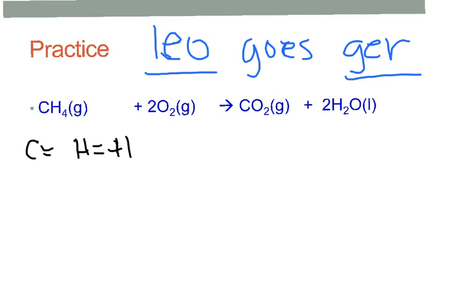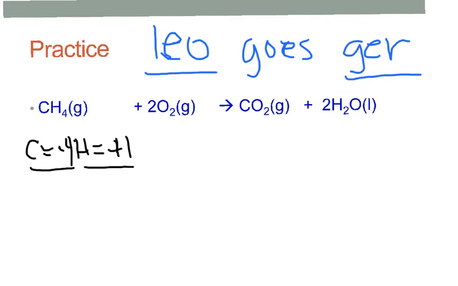If hydrogen has a +1 oxidation number, and there are 4 hydrogens, that means that carbon has to have a -4 oxidation number. So carbon has a -4, hydrogen has a +1.